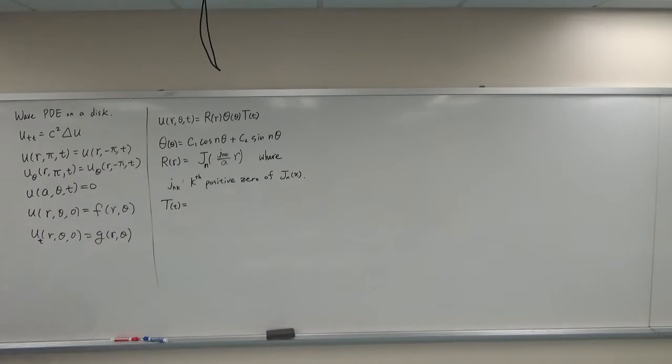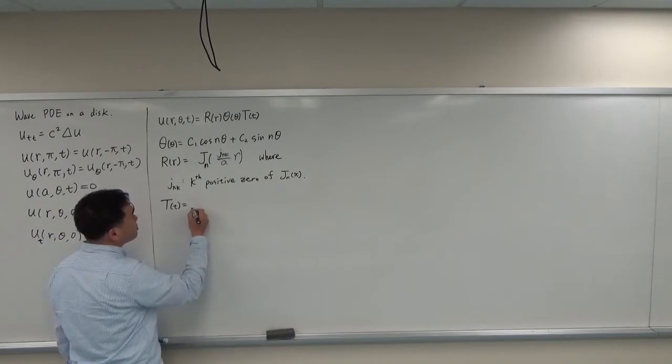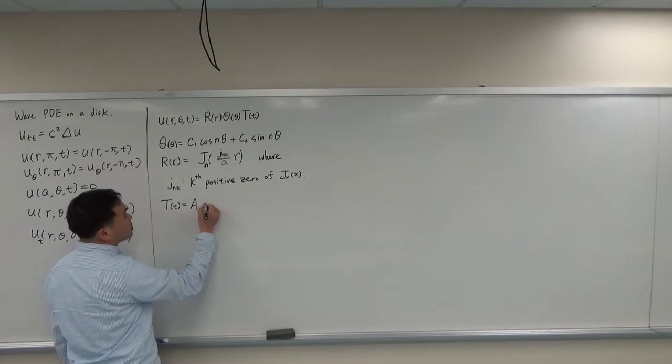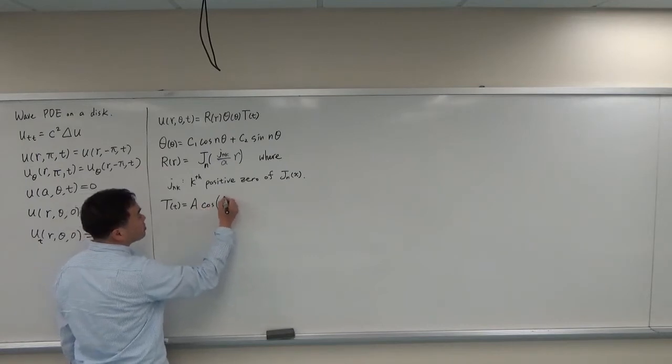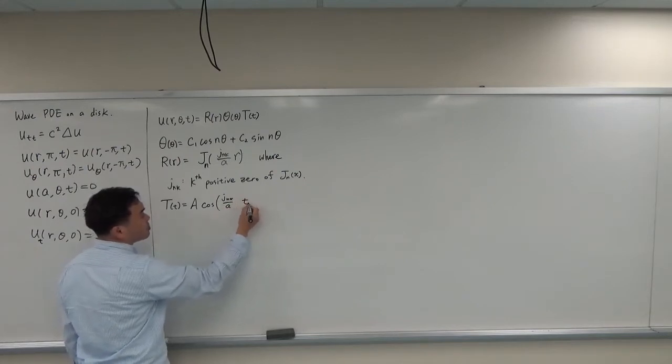and I realized I forgot something here. It should be, I'll use A and B, A cosine of J_nk over a, and then I just wrote t, but that's missing.